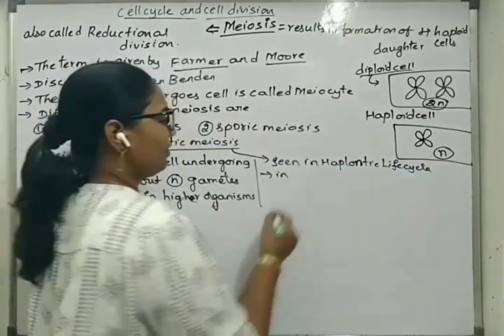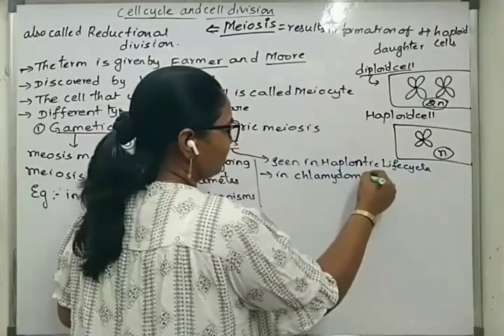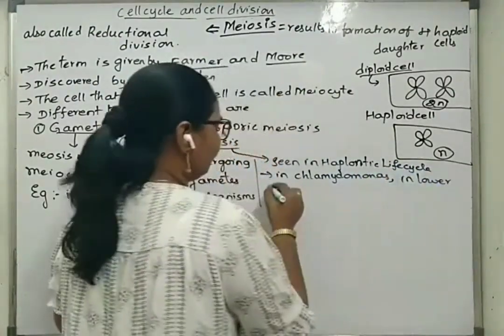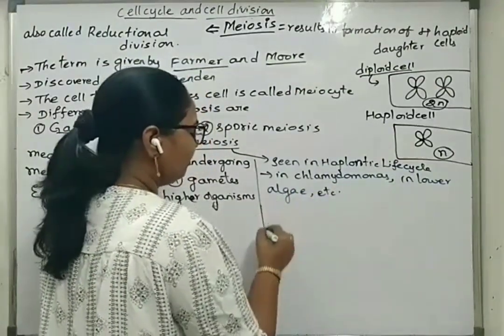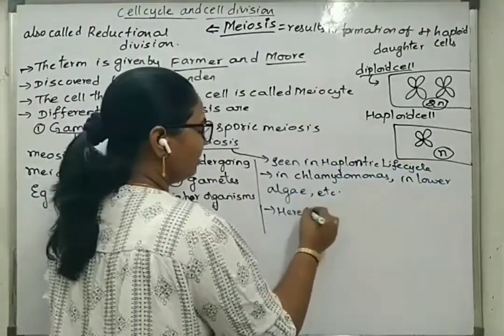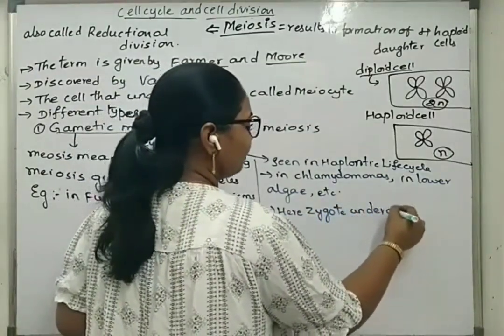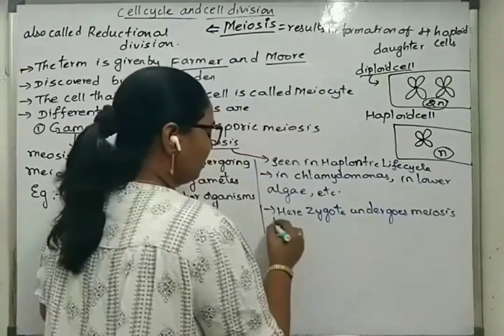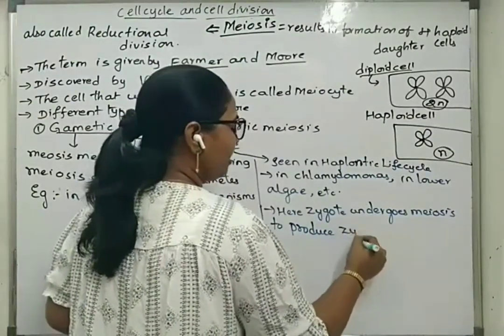In Chlamydomonas, in lower algae, etc. Here, zygote undergoes meiosis to produce zygospores.